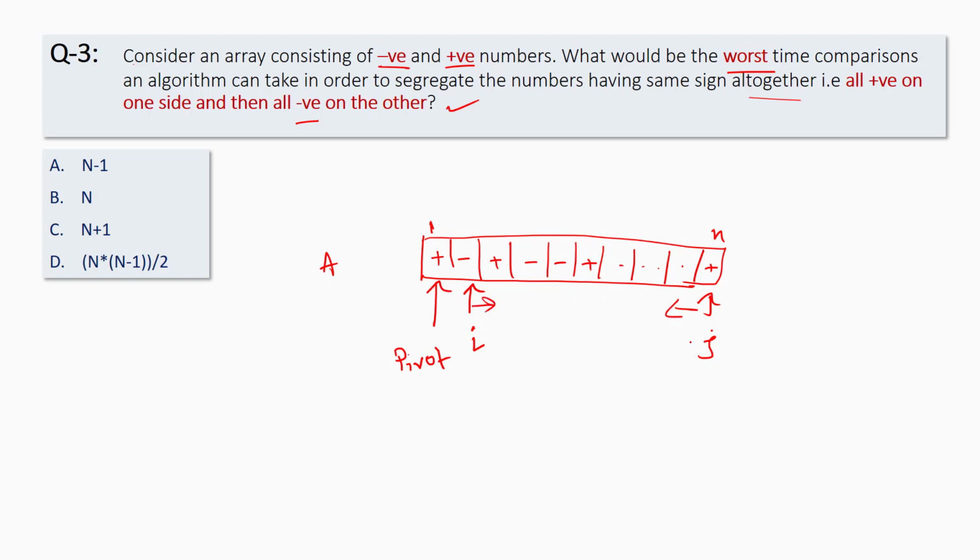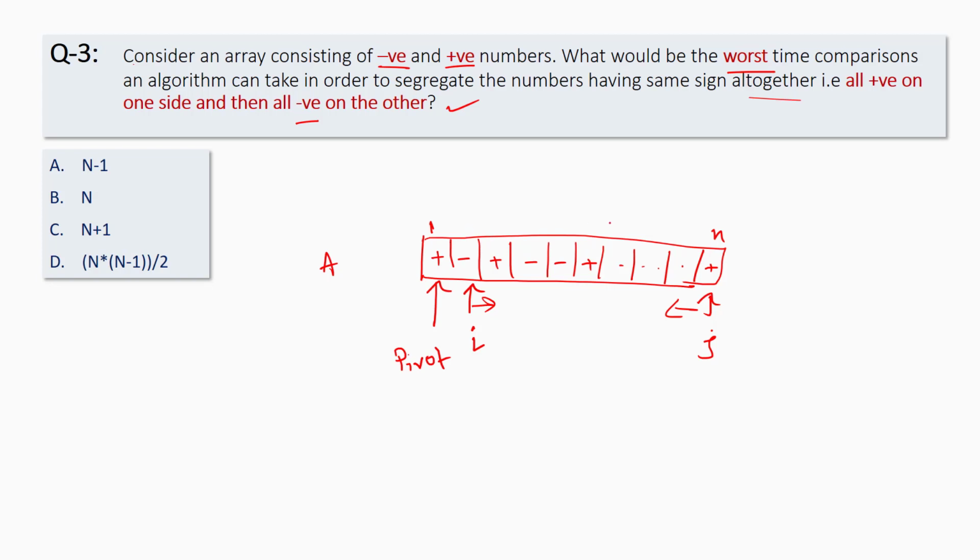Whenever i and j both are stopped, they will swap the values of each other. Like here in the first case i will stop here and j also stops here. Because the pivot element is positive, our job is to segregate all the positive values on the left and all the negative values on the right.